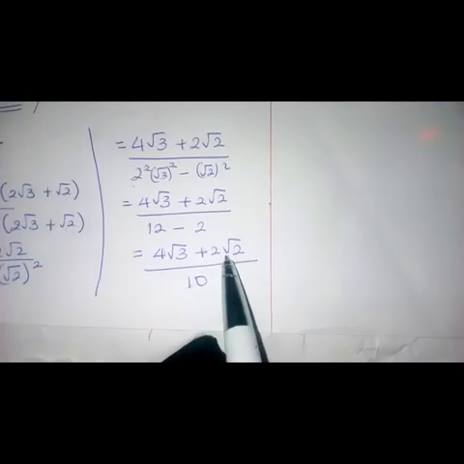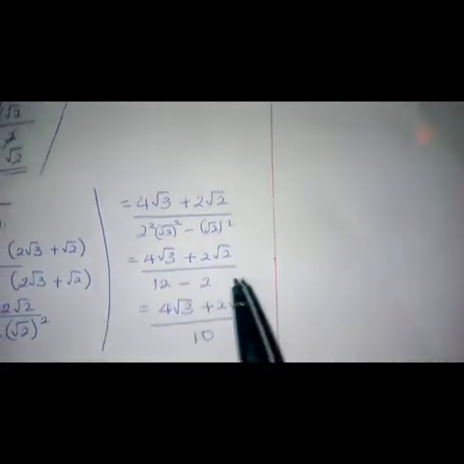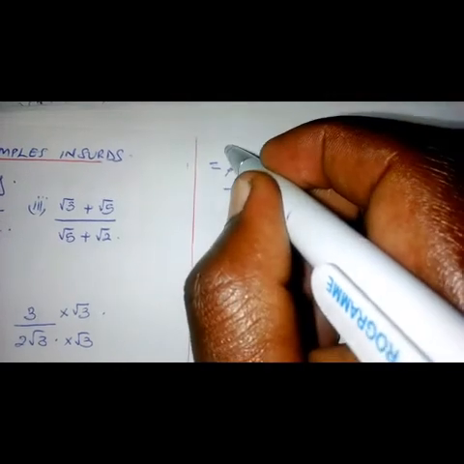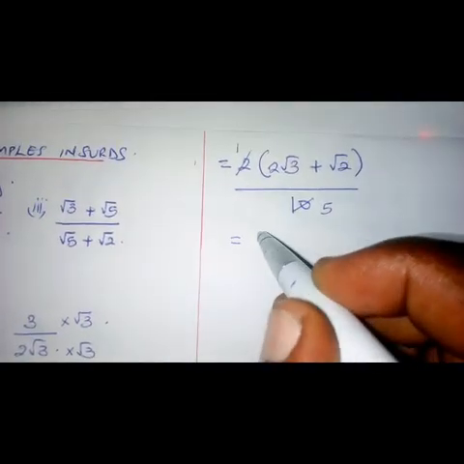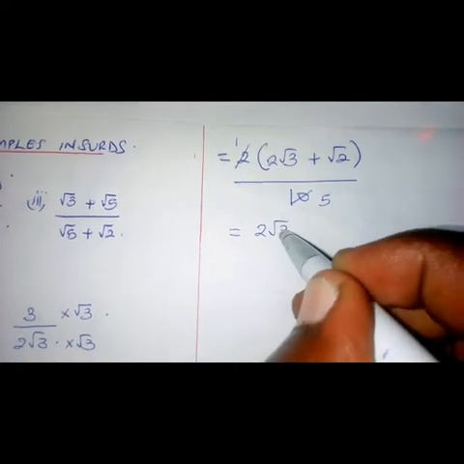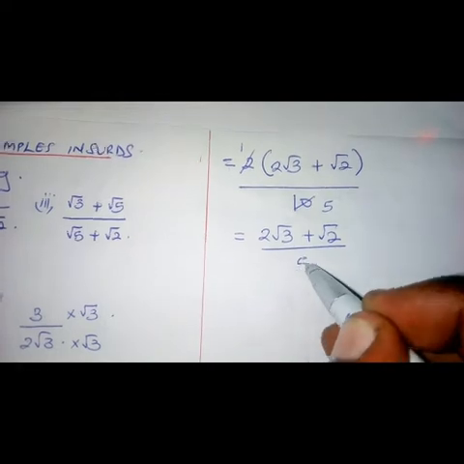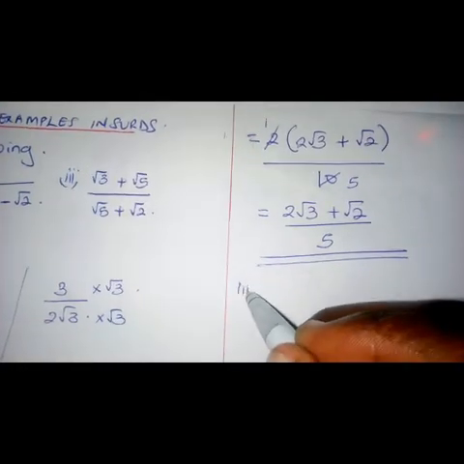Here it has remained as root 2 because I've taken away the 2. So out of 10, this by 2 ones, by 2, 5. So we shall finally have 2 root 3 plus root 2 out of 5, and that is the answer. So we go to the third one.